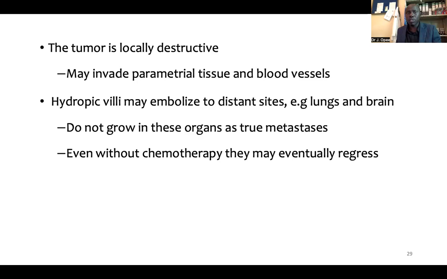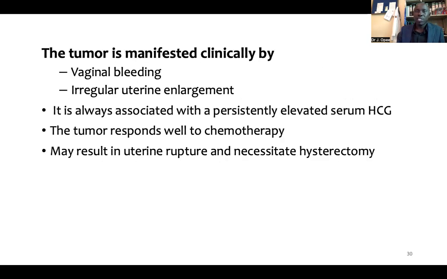They are not very common with invasive mole, because invasive mole normally has local invasion. So the likelihood of metastasis is low, but it can actually happen in some instances. But with the invention of chemotherapy, we can actually manage this, and this patient will get better in most cases.